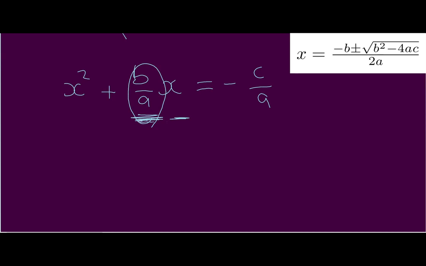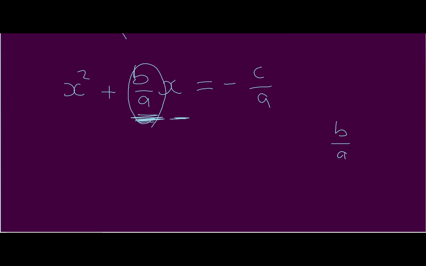The first step is halve the coefficient, and the second step is square the coefficient, right? We're still together.